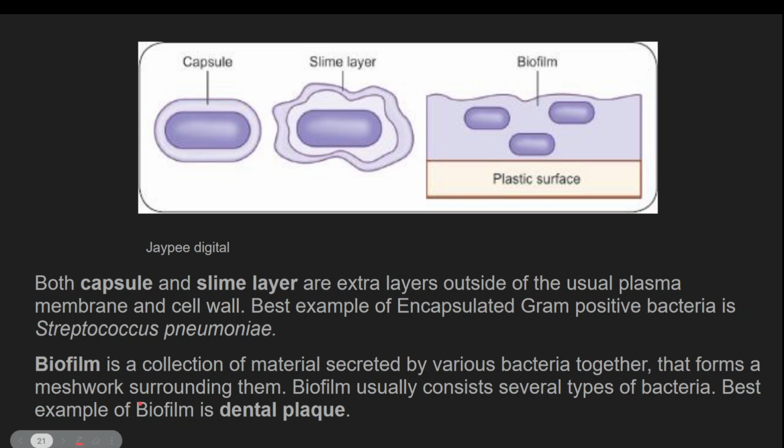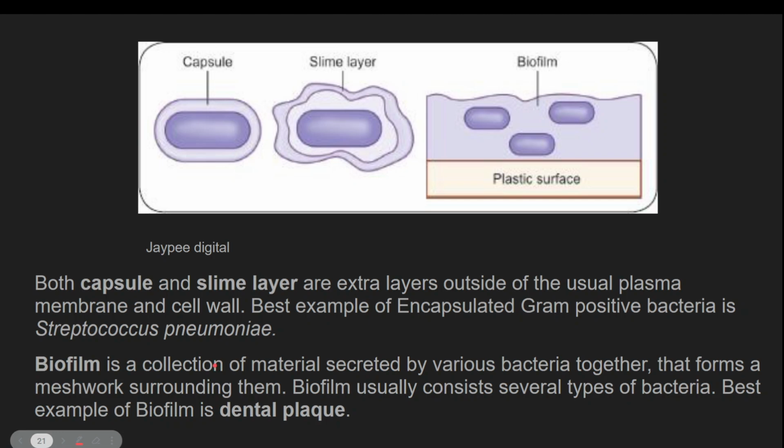Now, biofilm, on the other hand, is a deposition that happens around certain bacteria. The best example to understand biofilm is what happens on various surfaces, and especially your teeth. Whenever you do not brush very frequently, when you eat too much sugary food, you might have experienced that a yellow colored deposition happens, which is initially called plaque, which later on stiffens up to form tartar.